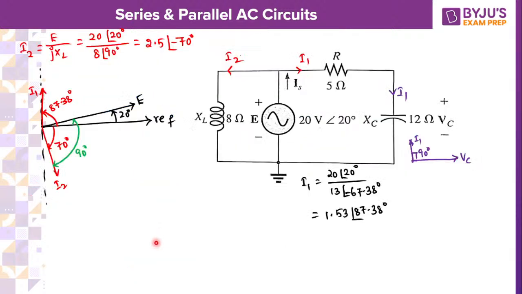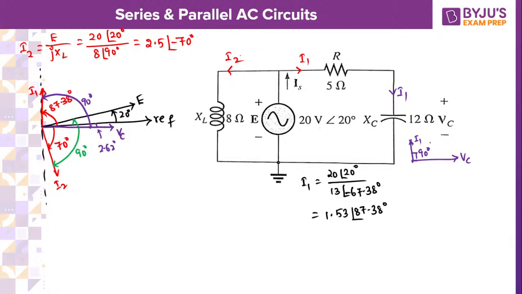So let me draw. This is VC. You add this 2.62. Now from VC, if you go up to I1, how much is it? 90 degrees: 87.38 plus 2.62, you are going to get 90 degrees.